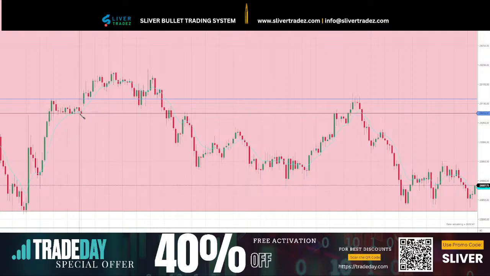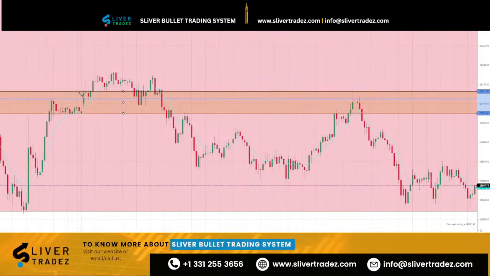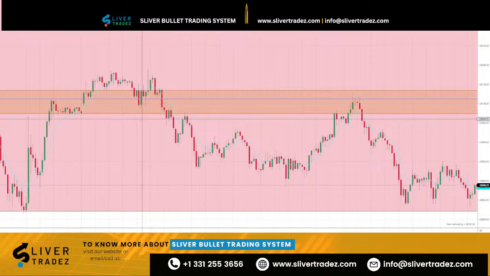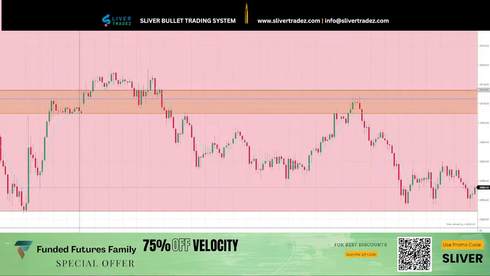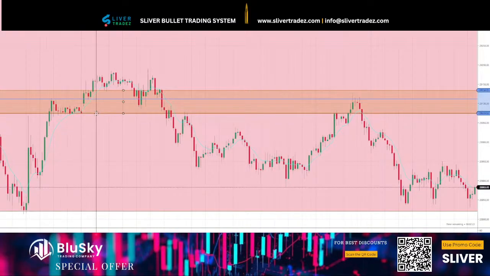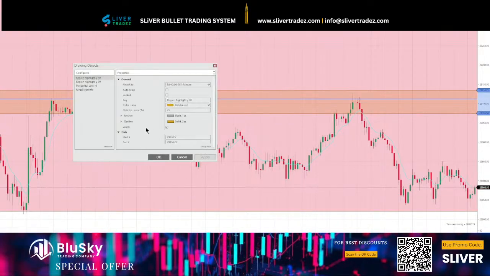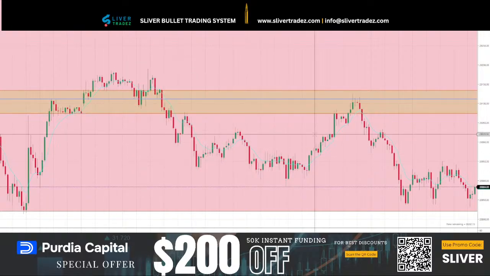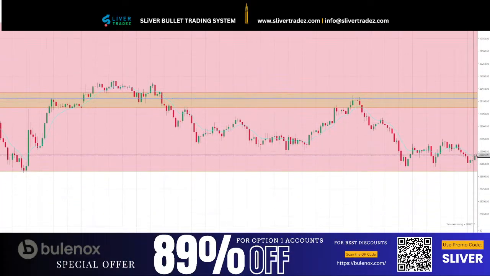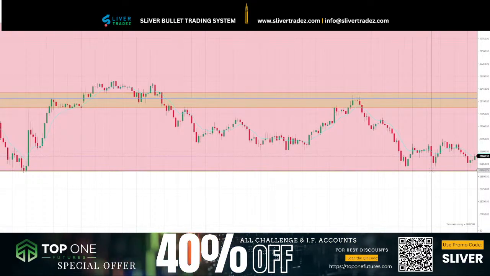Those who have joined would understand this is the range. When the market opened at 5 p.m. Central yesterday, it opened from here and made a high till here. So that's my opening range, and that opening range was green in color. So let me draw that. Okay, so that's green. And now the market is somewhere here at the low of yesterday.